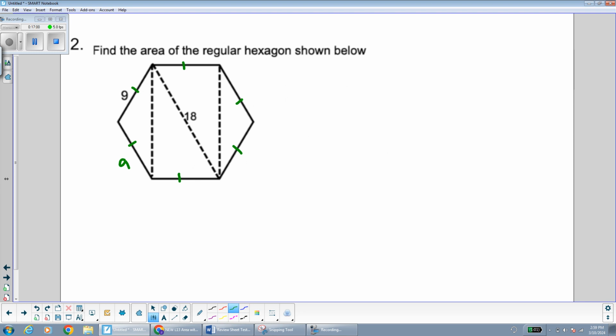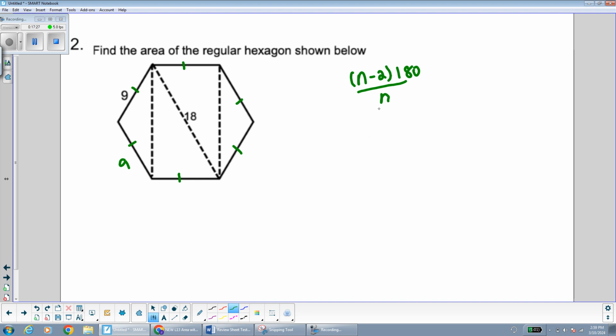Let's see if we can actually find the angle in between, because to find what each angle of a hexagon is, we should use our formula n minus 2 times 180. That gives us the sum of all the angles. And then if we divide by the number of angles that there are, that would give us each individual angle.